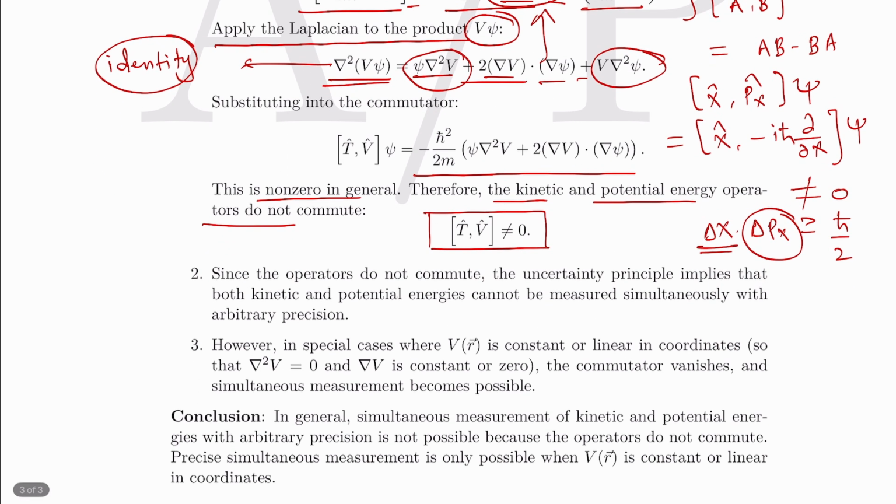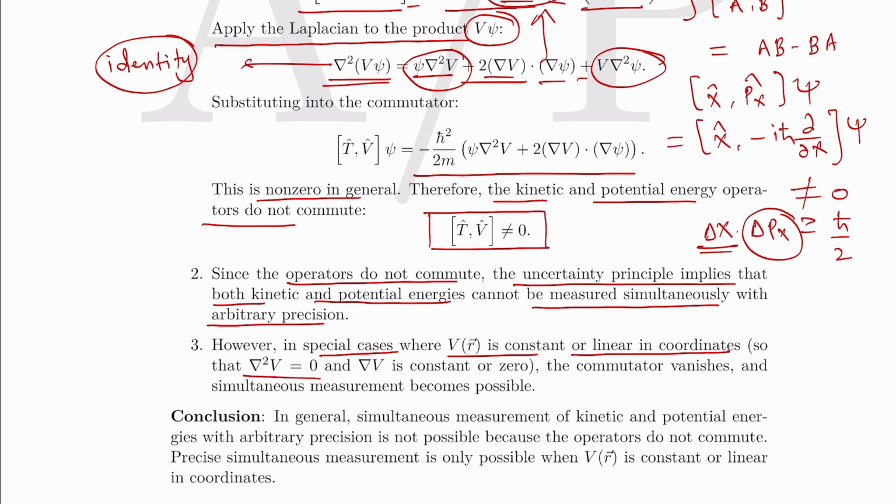So we can say that since the operators do not commute, the uncertainty principle implies that both kinetic and potential energies cannot be measured simultaneously with arbitrary precision. However, in a special case where the potential is constant or linear in coordinates, this term becomes 0. In that case, commutation is possible and simultaneous measurement becomes a reality.